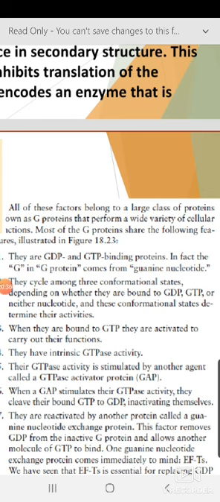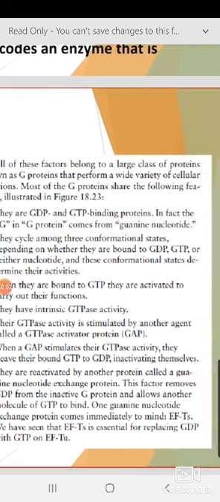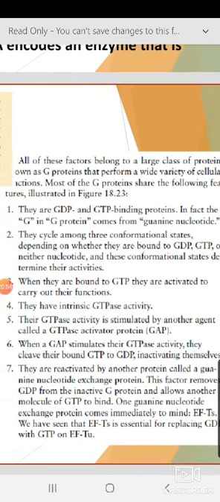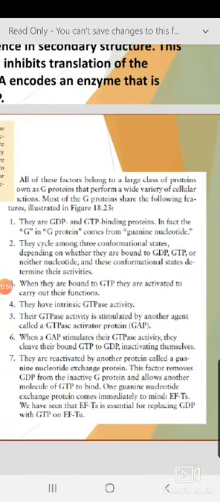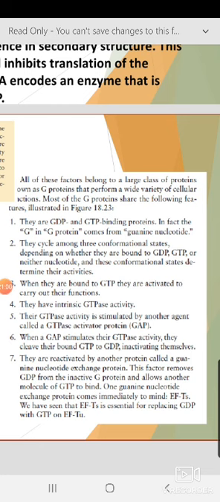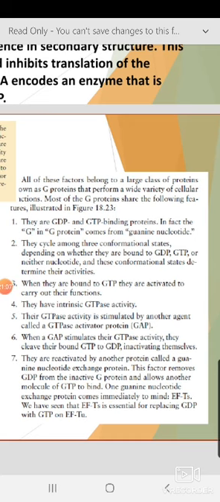You remember eukaryotic initiation factor 5B was also having GTPase. Then EF2, EF-G, all these have GTP binding activity. So they are GDP and GTP binding proteins. In fact, the G in G protein comes from guanine nucleotide binding protein. They cycle among three conformational states depending on whether they are bound to GDP, GTP or neither nucleotide, and these conformational states determine their activities.